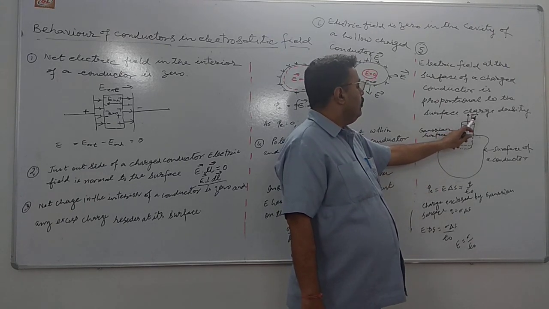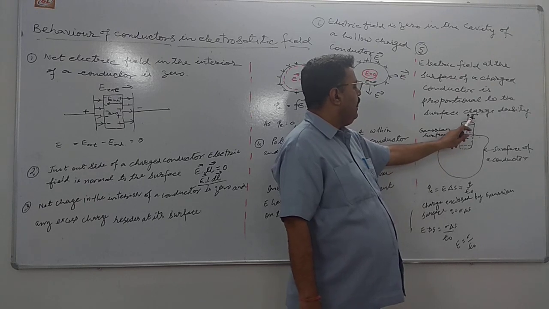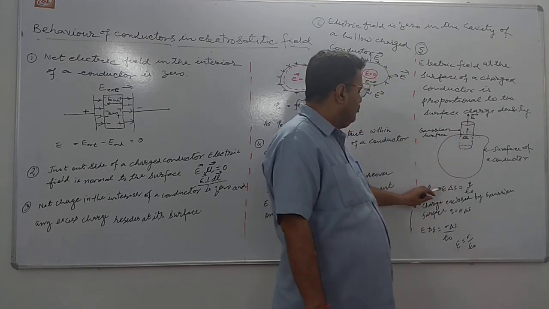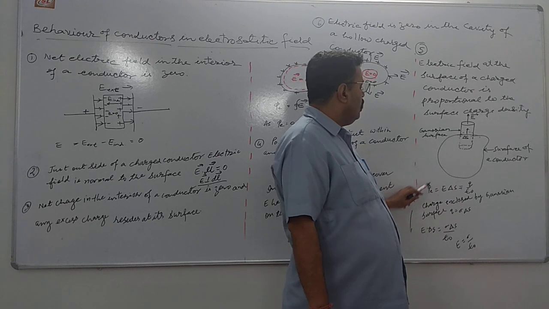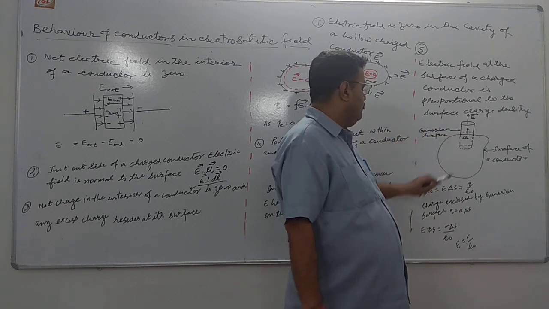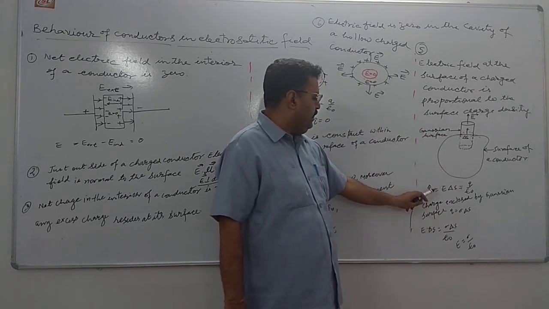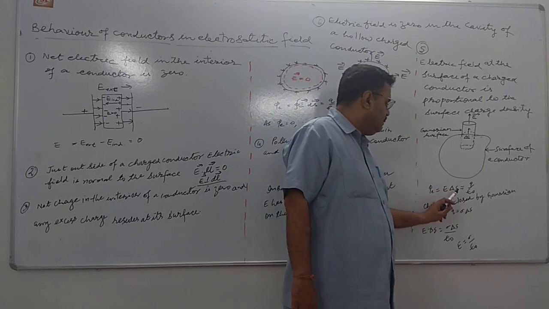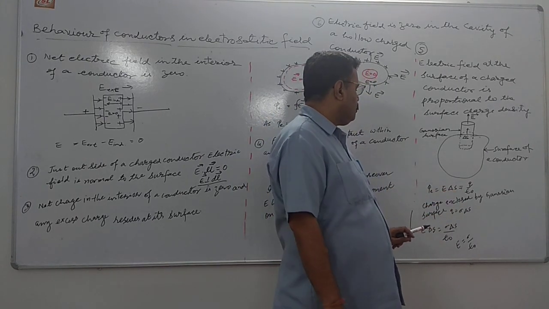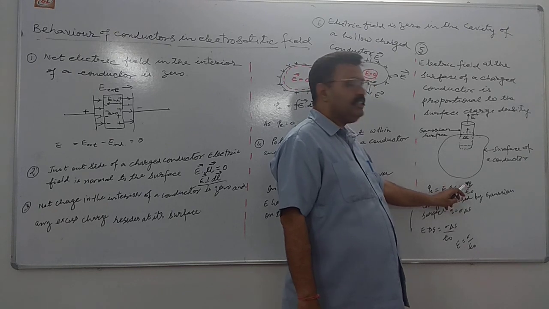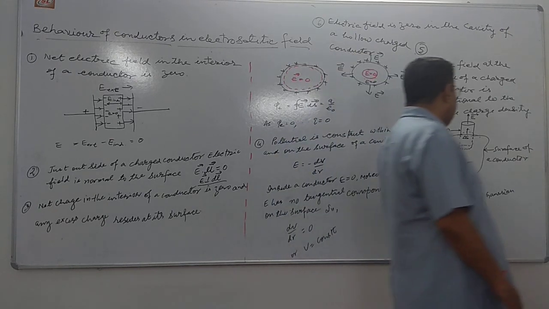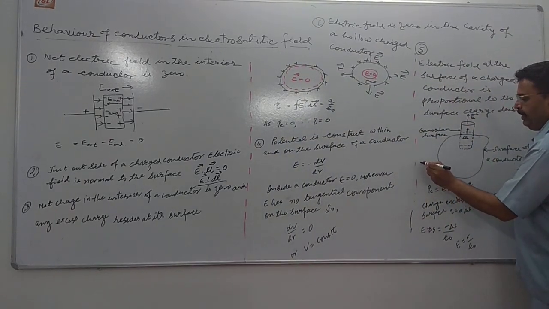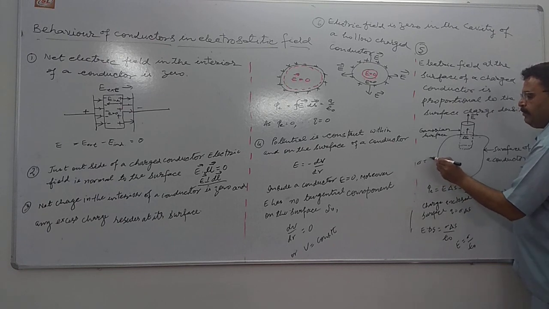The dot product of area and electric field is E del S, and from Gauss theorem, phi E equals E del S equals Q upon epsilon naught, where Q is the charge. From the surface charge density expression, we know that sigma equals Q upon del S, total charge upon surface area.